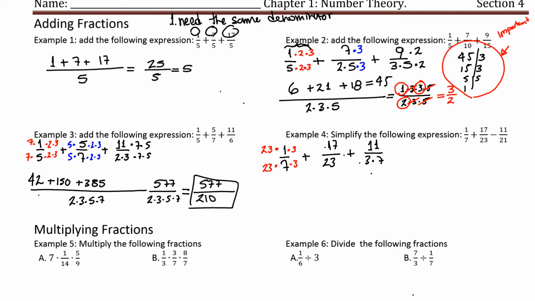And of course, 23, we need to multiply both by 3 and 7. And 11, we need to multiply by 23, which is the denominator of the second fraction.